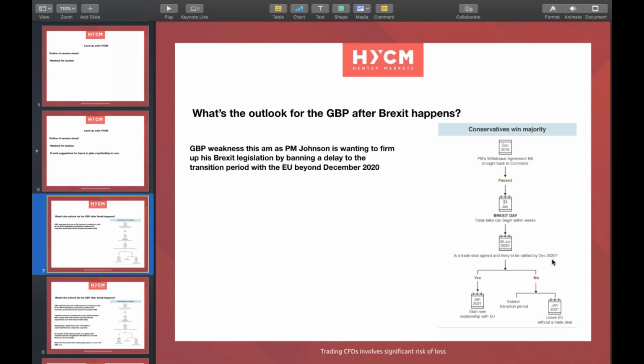Now, if that trade deal is agreed, great, then a new relationship starts with the EU in 2021. If that is not agreed, it's either extended or Britain has what's called a hard or a no deal exit, a no deal situation going forward with the EU. So that is negative for the pound. That's most likely to be positive for the pound, okay? That will be positive for the pound as well.